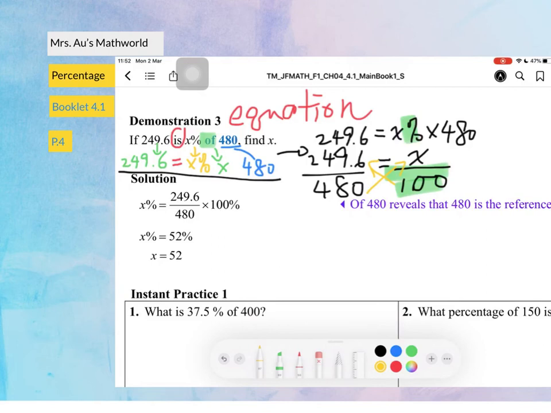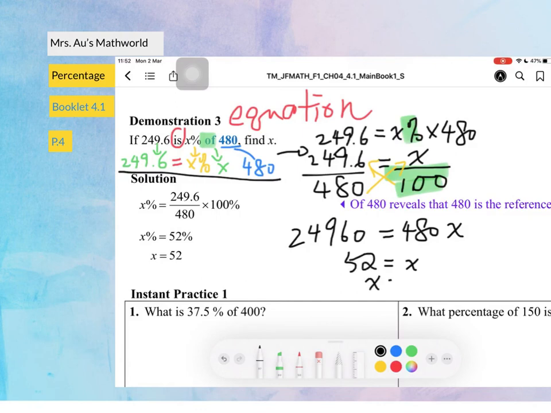Of course, it is a little bit slower, but it doesn't matter. You may use a calculator anyway. 249.6 times 100 becomes this, and then divided by 480, you will get x equals 52, and this is the result.